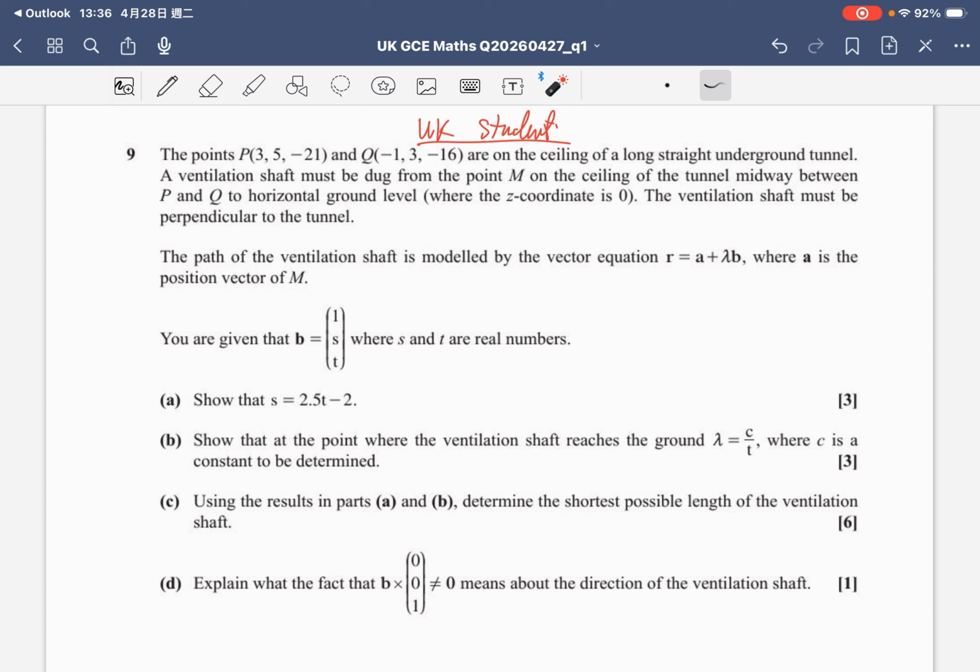A ventilation shaft must be dropped from the point M on the ceiling of the tunnel, midway between P and Q, to the horizontal ground level, where the z coordinate is 0. The ventilation shaft must be perpendicular to the tunnel.